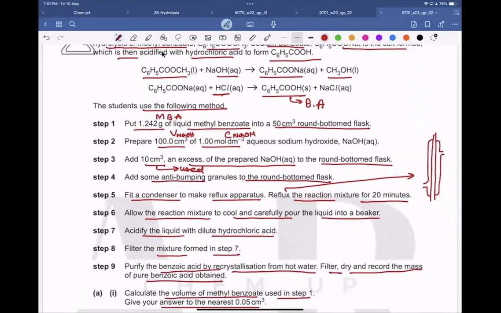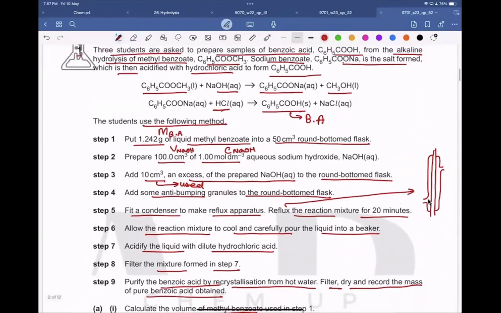In step 5, what are you asking, MBA? Where is MBA written? In step. Okay, I'm saying it's the mass of benzoic acid, B in the subscript.